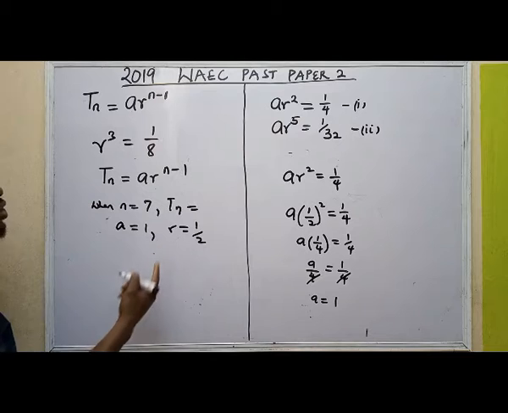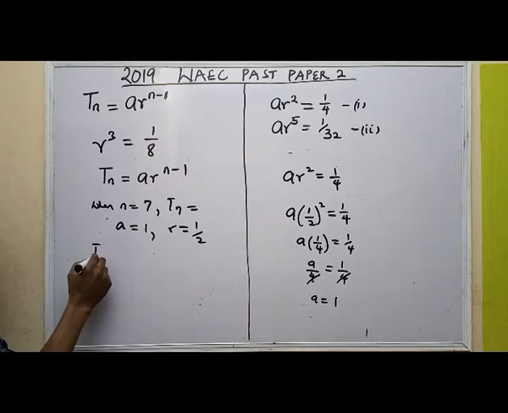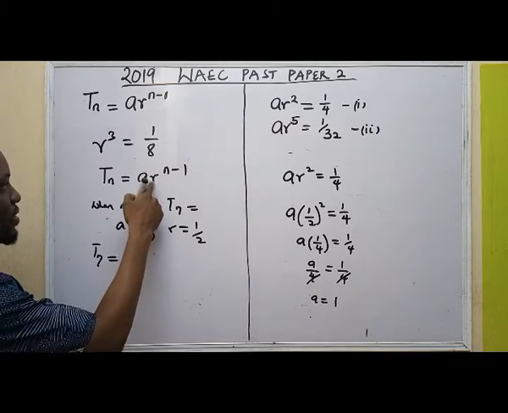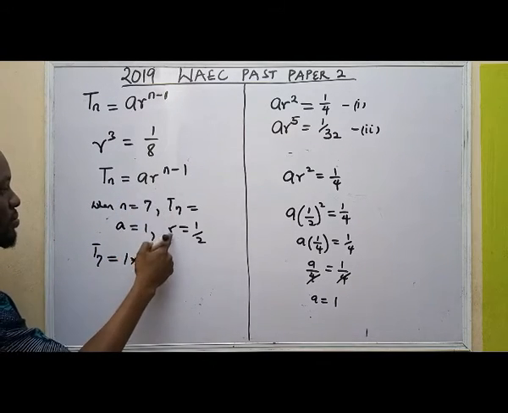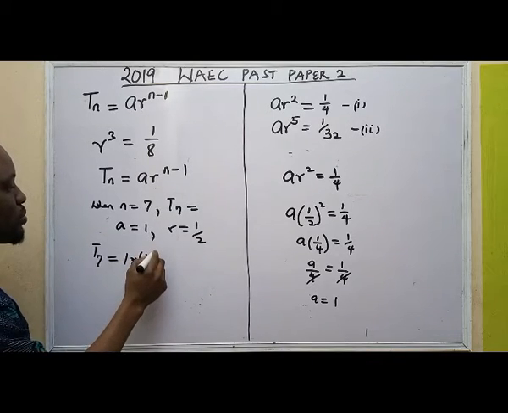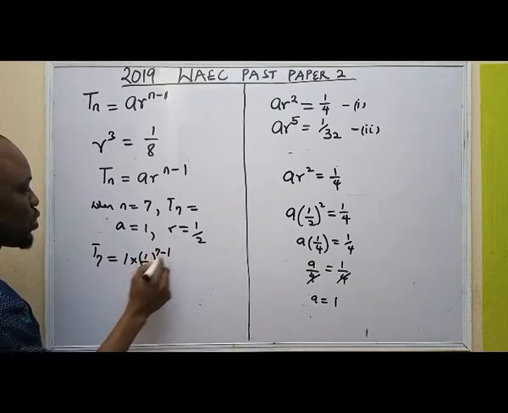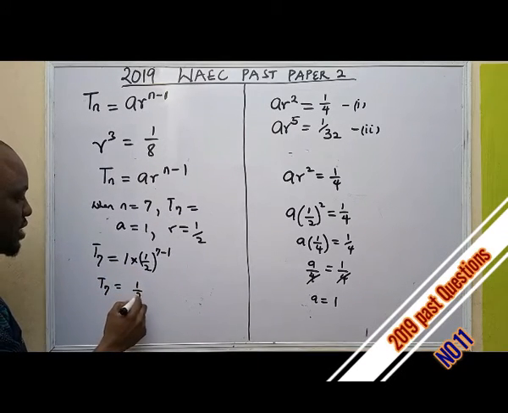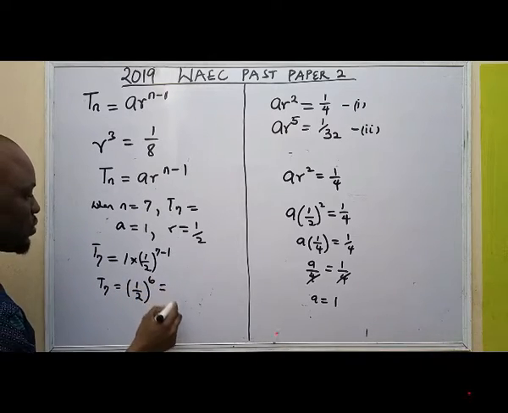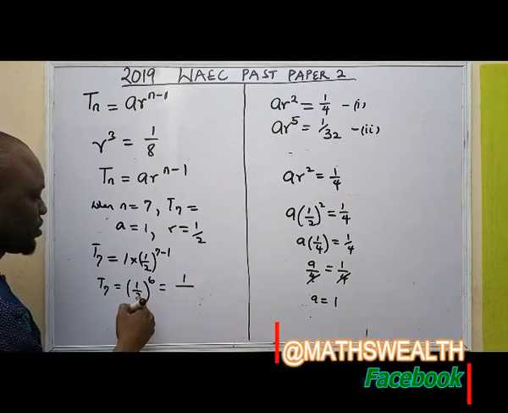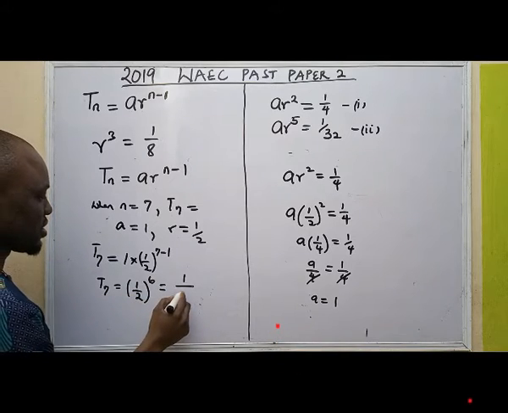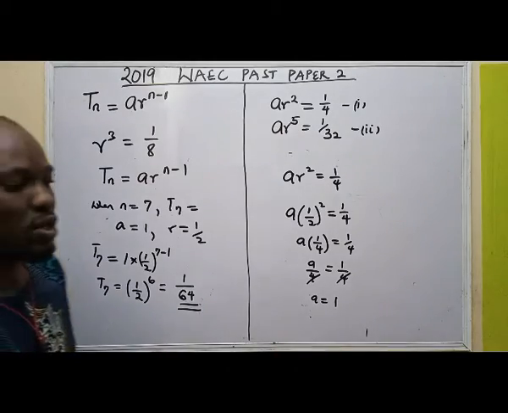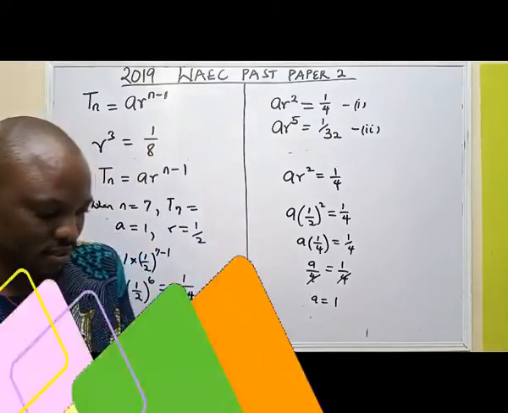So if I plug all of this in, t sub 7 equals 1 times 1/2 all to the power of 7 minus 1. So t sub 7 will be 1/2 to the power of 6, which is 1 over 2 to the power of 6, which is 1 over 64. So that is the seventh term of the sequence.